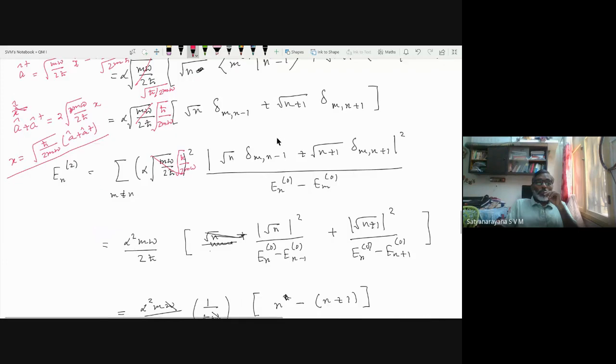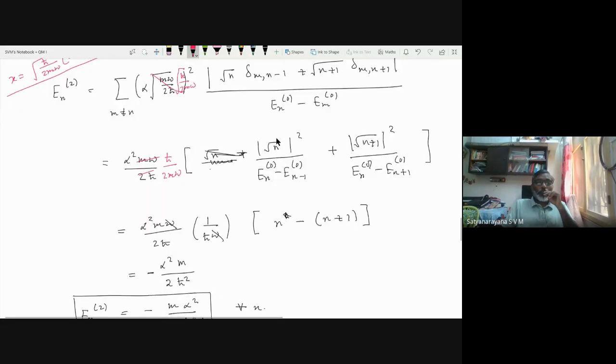So then what happens? This becomes h bar divided by 2m omega.